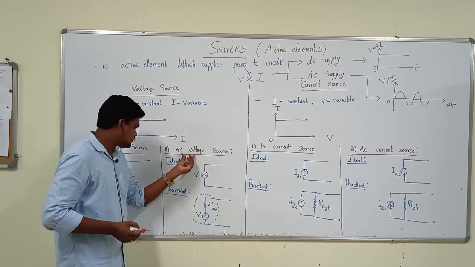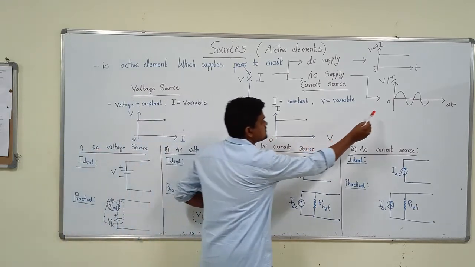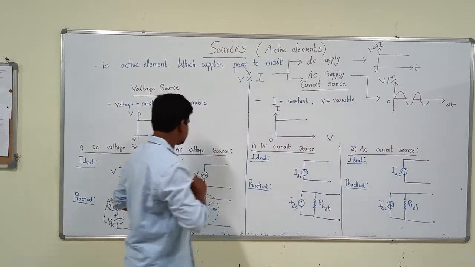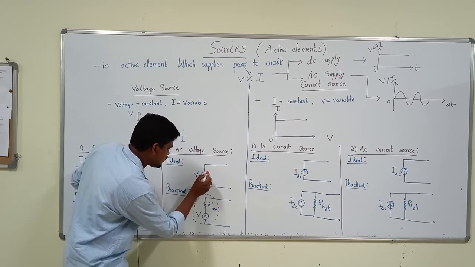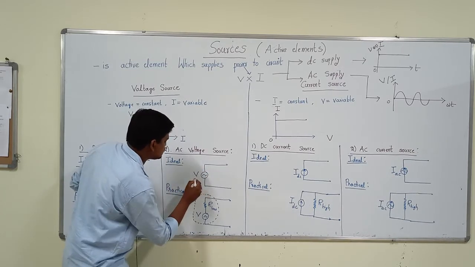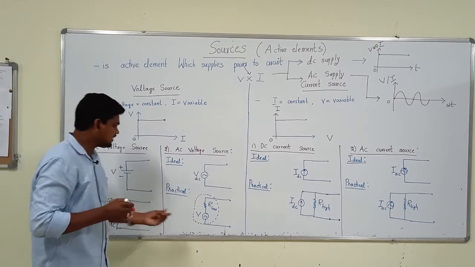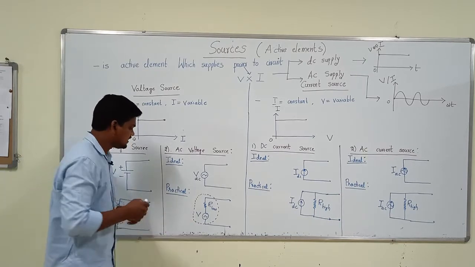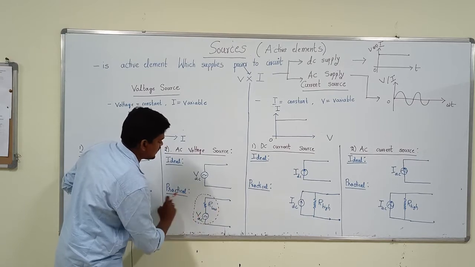Next, the AC voltage source. The AC symbol has an AC signal waveform inside a circle. This is the AC voltage source. But practically, same as DC, inside it has a small, low resistance value.